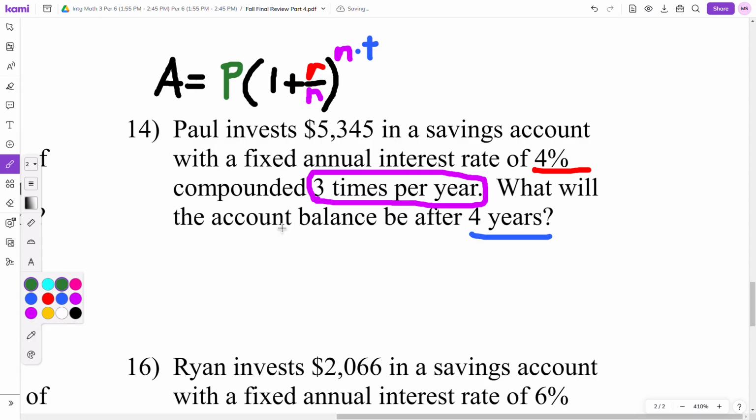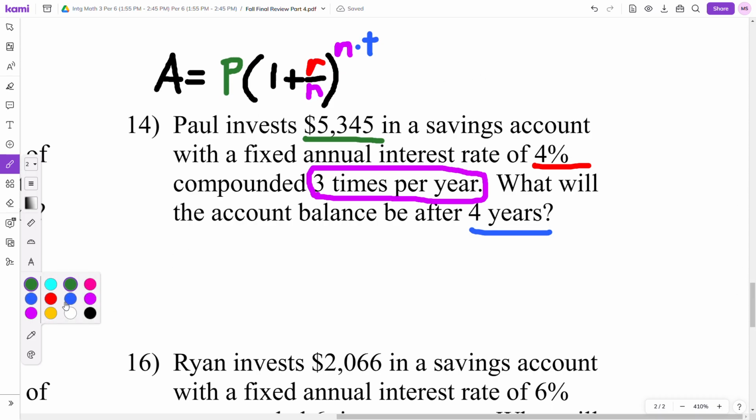And now that we have that, please notice the color coordination. We can substitute those values in and simply solve using our calculator. So let's do that.